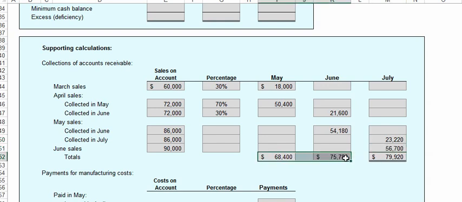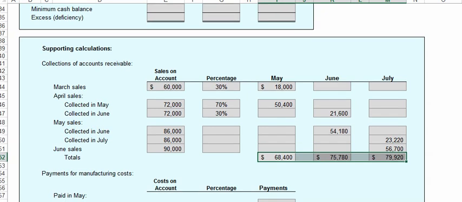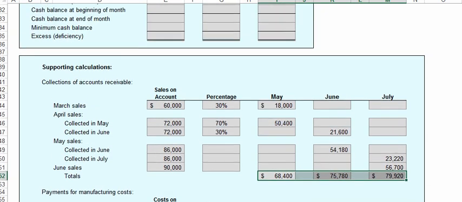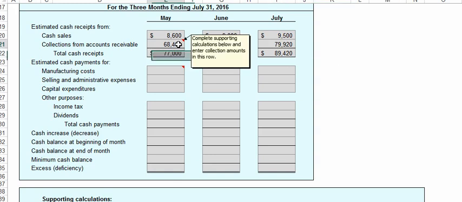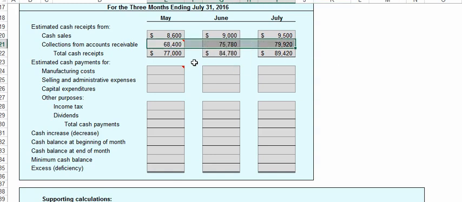Then we just moved these three totals up to collections of accounts receivable on our chart here. Then to get these numbers, we just added these two together. Add these two together to get this one, and add these two together to get estimated cash receipts in July.